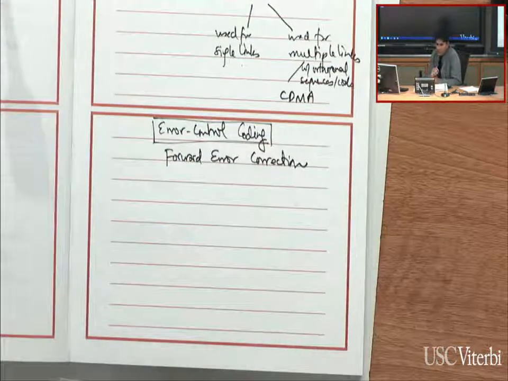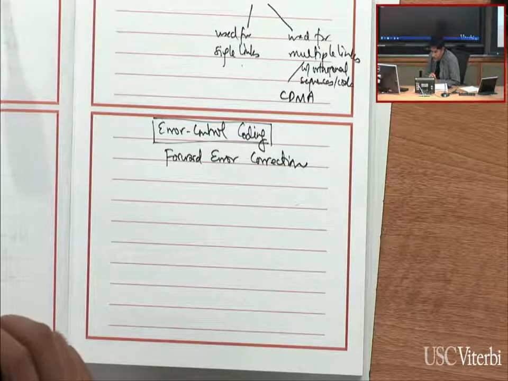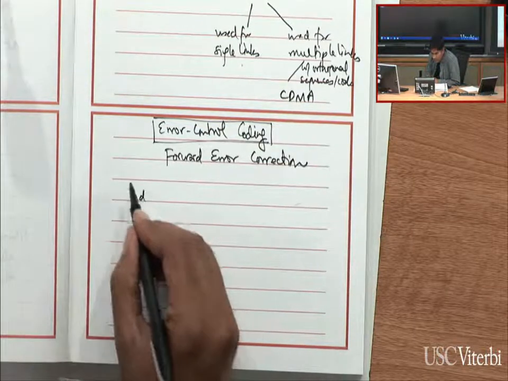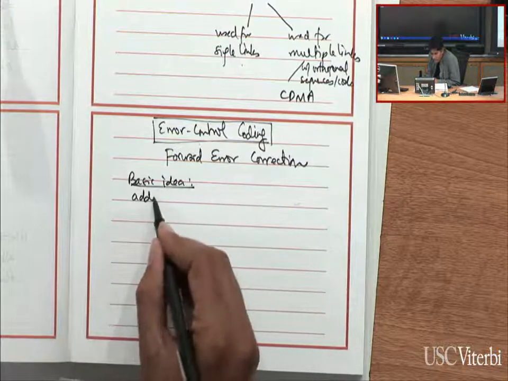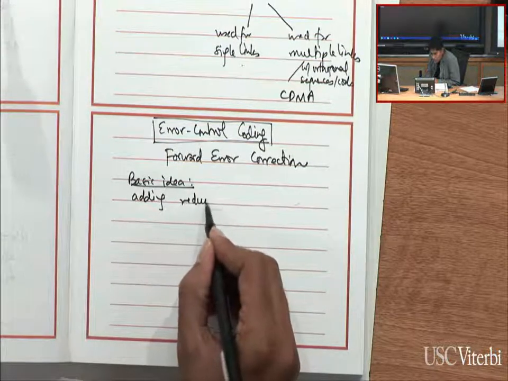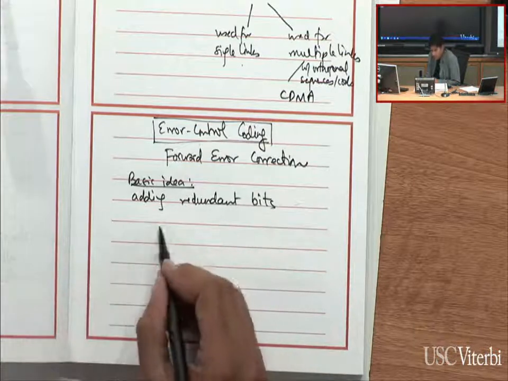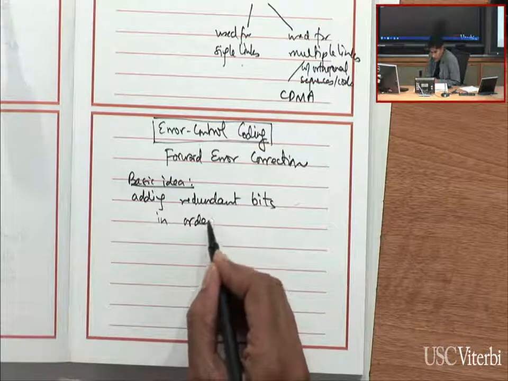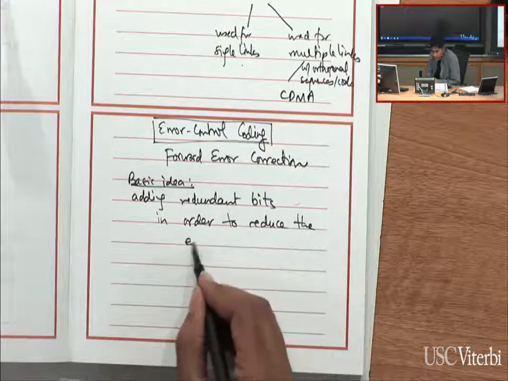The basic idea with forward error correction in digital communications is that you're adding redundant bits in order to reduce the error rate.